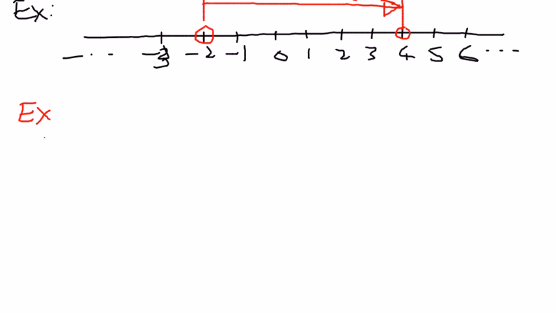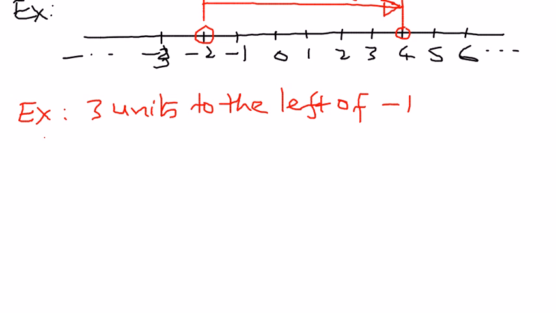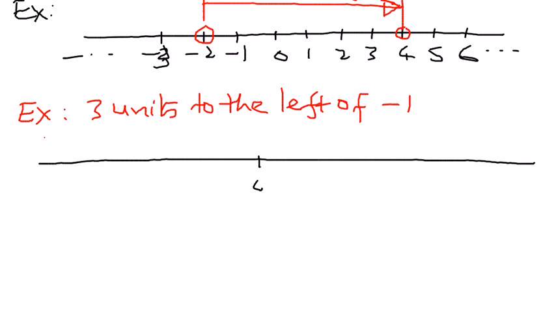In here we want to know what number is 3 units to the left of -1. So here we'll draw the number line as we did in the previous example, identify the 0 point, the origin, and also the numbers on the number line.